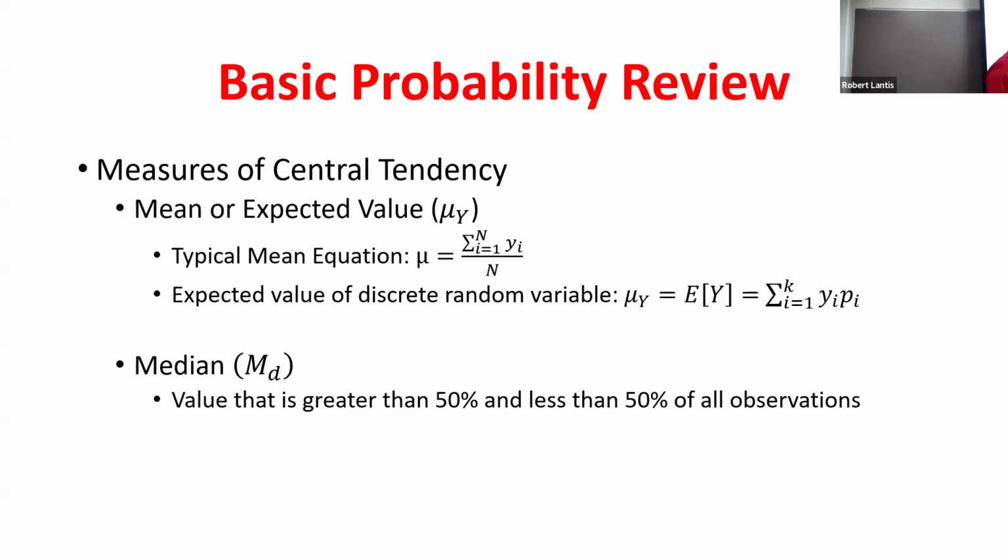Another measure of central tendency is the median. So why might the mean not be a great measure of what the average or the middle part of the data is? If I think about something like income data, let's say I want to find the average of all of your parents' income. If one of your parents is Elon Musk, what's going to happen to the mean? He's a multi-billionaire, it's going to pull it way up, right?